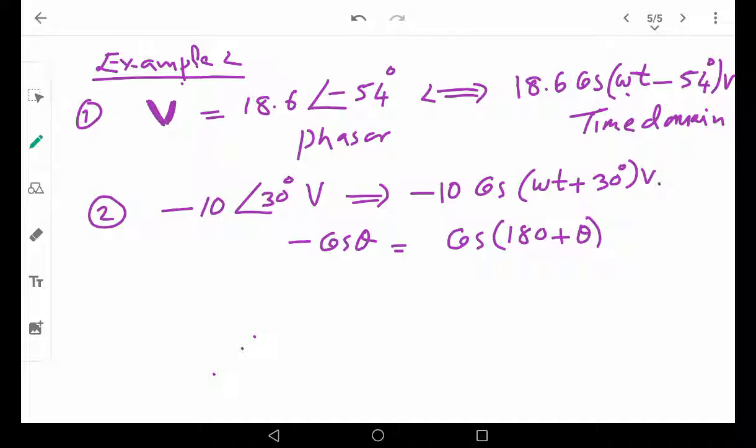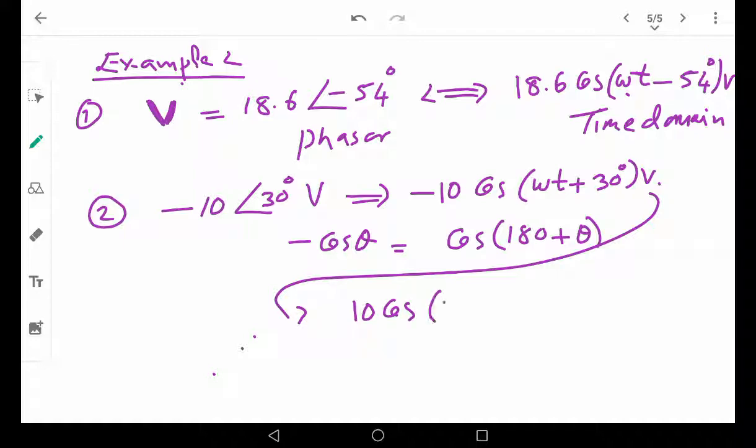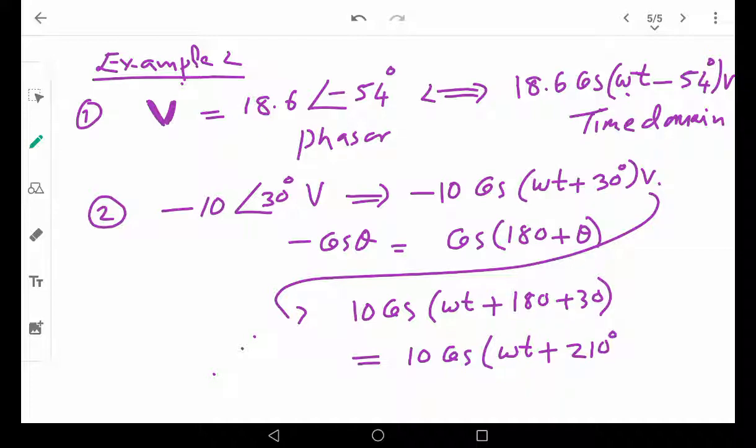Is it okay? If you use this relation, you can write this as 10 cos(omega t plus 180 plus 30), that is 10 cos(omega t plus 210 degrees), right?